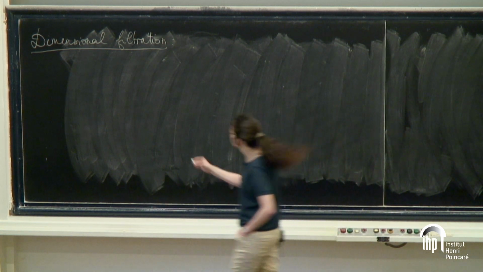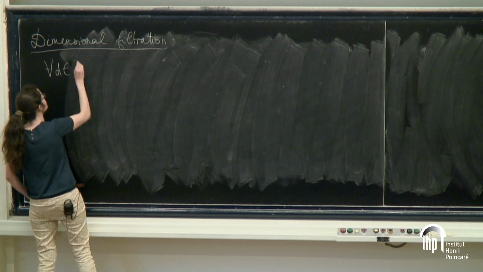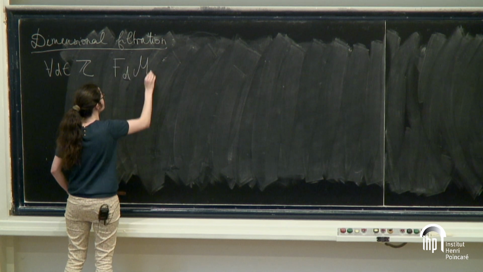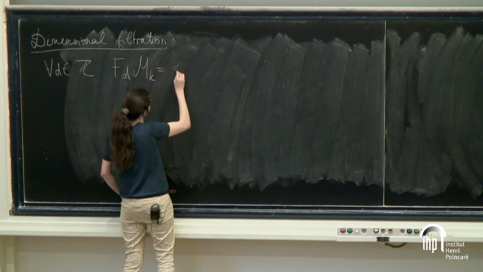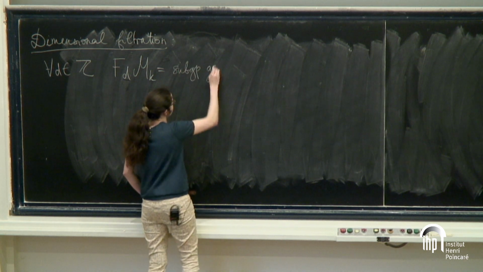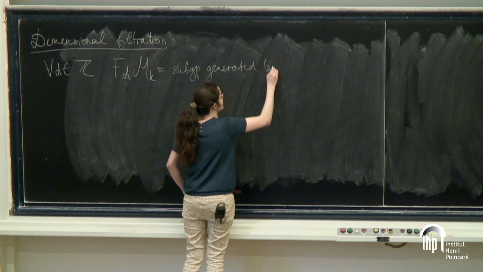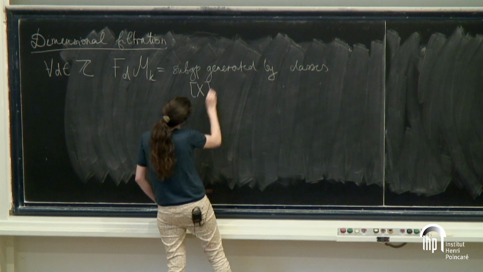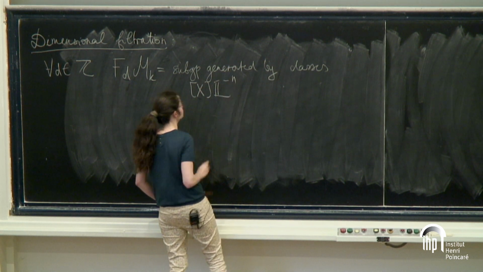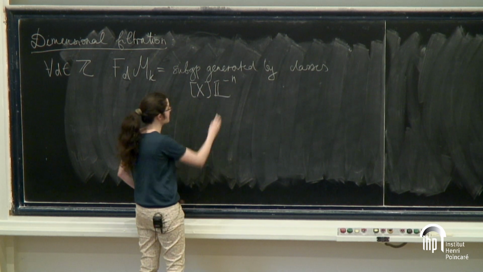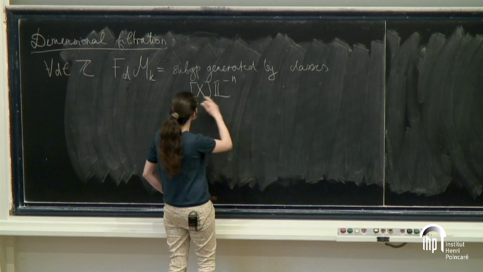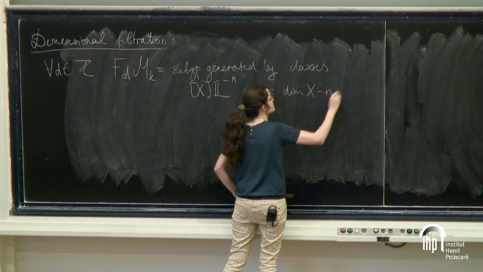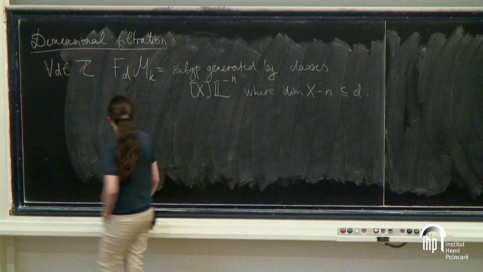For every d in Z, we define F_d of M_K to be the subgroup of M_K generated by classes of the form the class of some variety X times L to the minus n, where the dimension of X minus n is at most d.